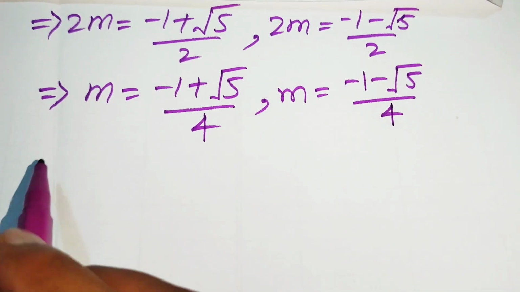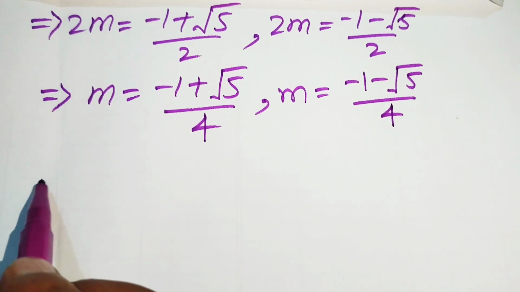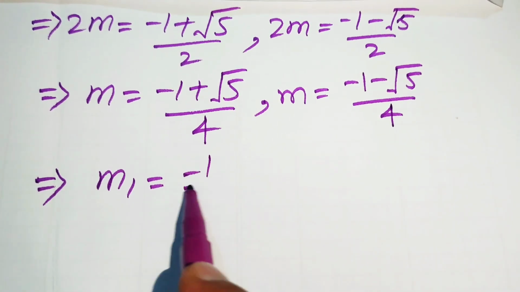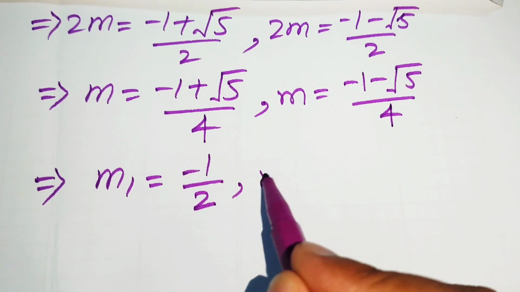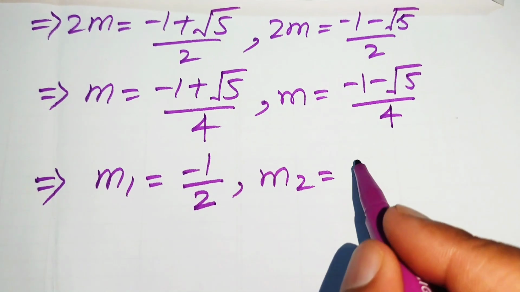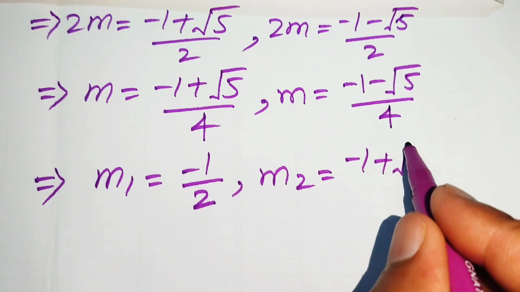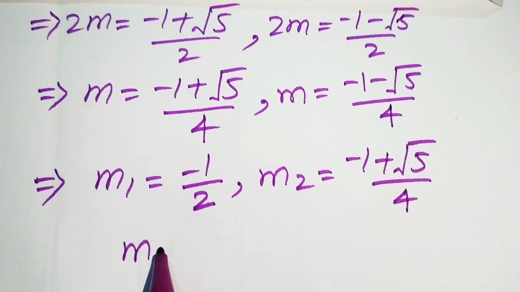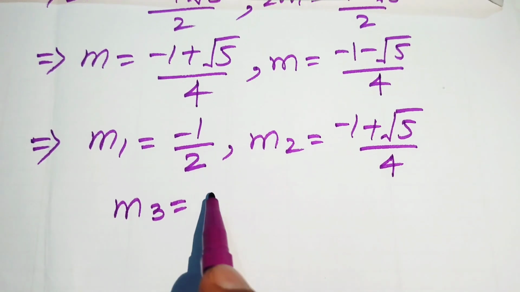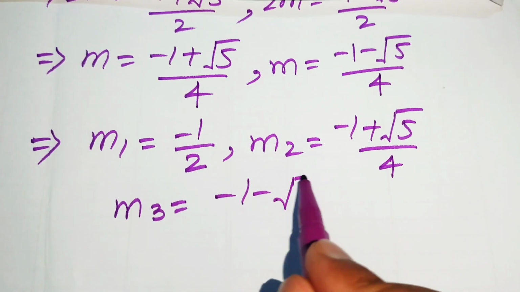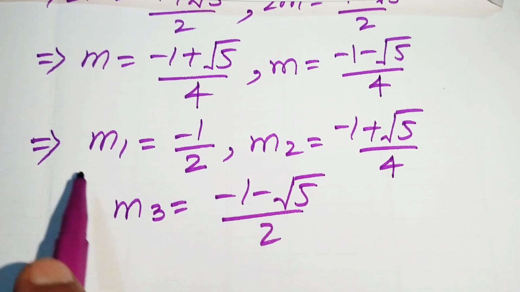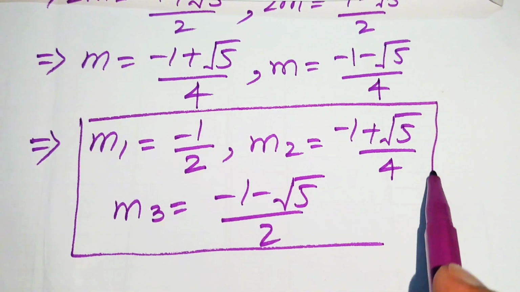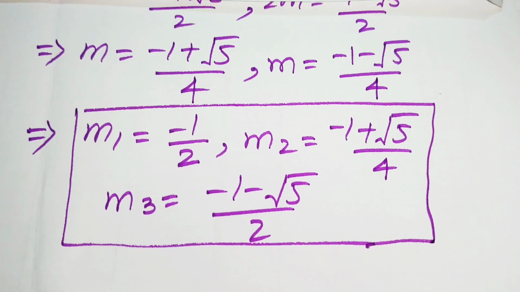So finally we have the roots of the given equation: the first real root is m1 equals minus 1 over 2, and the second root is m2 equals minus 1 plus square root of 5 over 4, and the third root is m3 equals minus 1 minus square root of 5 divided by 4. So these are the roots of the given equation, and this is the final answer.